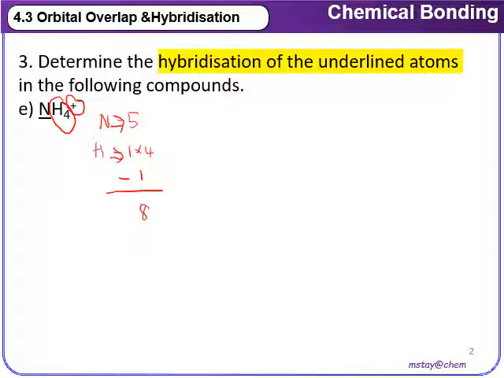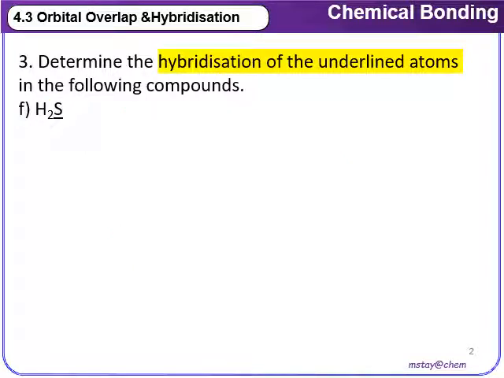We already know that hydrogen maximum is always 2 electrons. So for hydrogen, subtracting means 8 electrons. After we subtract, there is no extra electron. So we know that there are 4 terminal atoms with single bonds. That's why there are 4 electron domains, and the type of hybridization will be sp3.